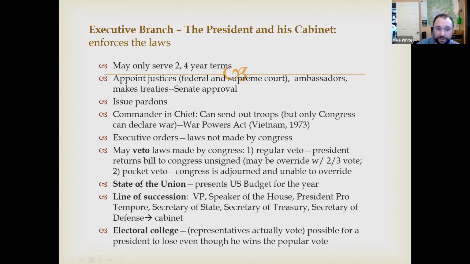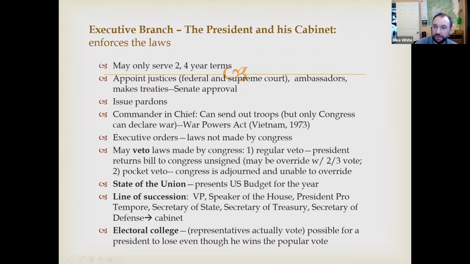Okay. The president also issues State of the Union addresses. The line of succession, in other words, if the president were to die or be impeached and removed from office, the line of succession would be Vice President, Speaker of the House, President pro tempore, Secretary of State, Secretary of Treasury, Secretary of Defense.